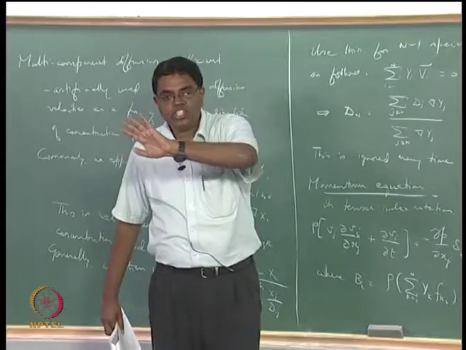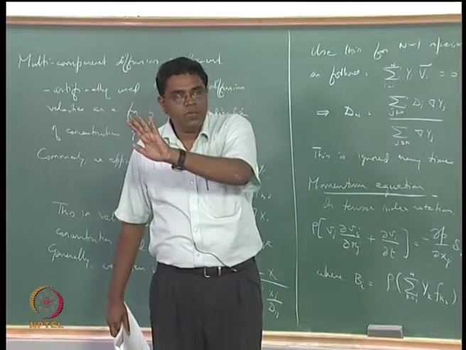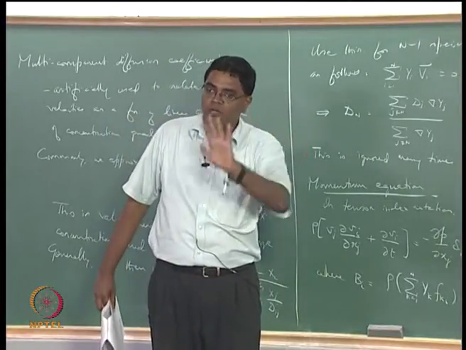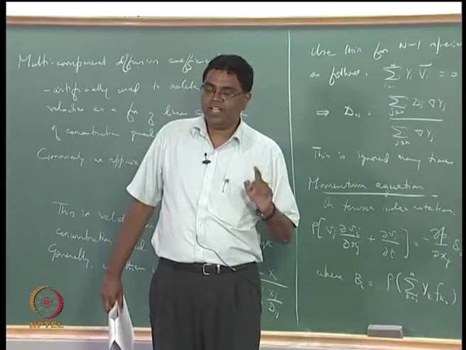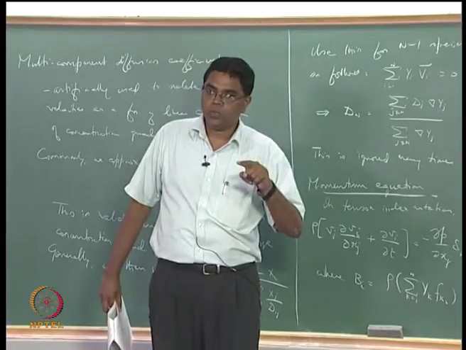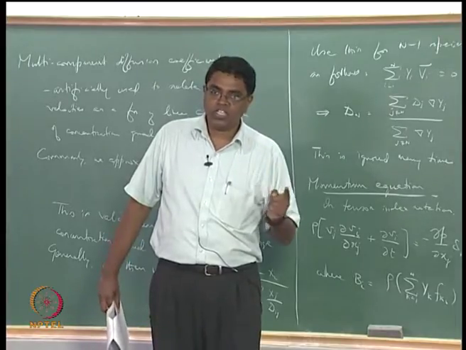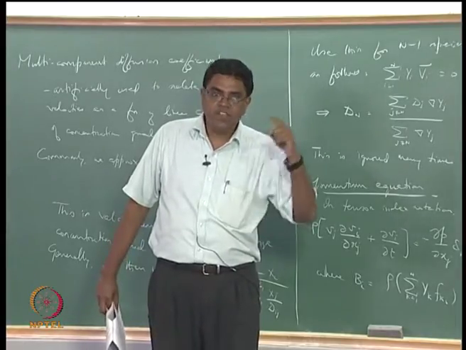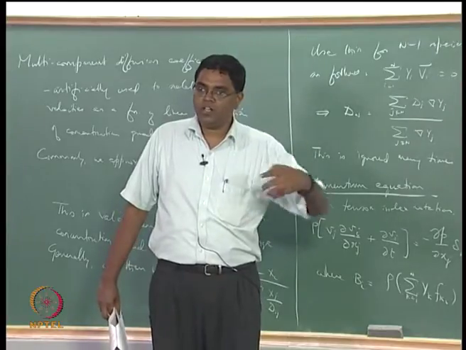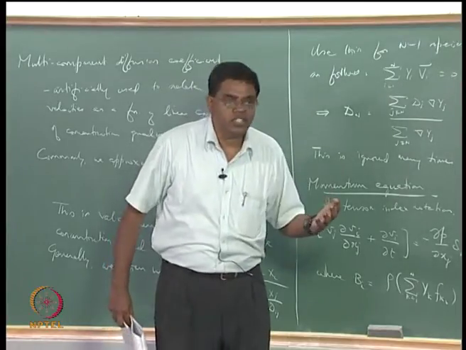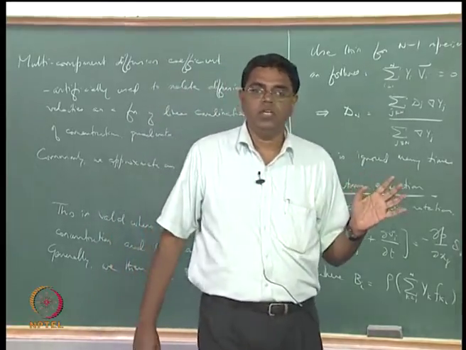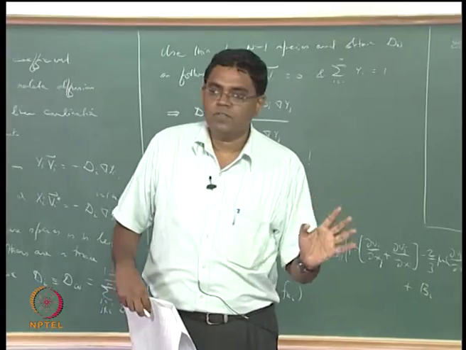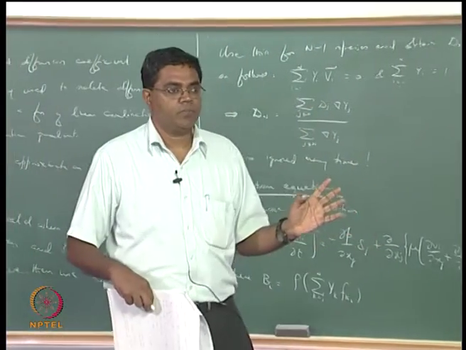If you look at a change in enthalpy, it takes into account not only the internal energy change but also the pressure work term, and that is for the enthalpy h alone. If you are looking at h naught, which is h plus V squared over 2, then it also takes into account kinetic energy changes. So the mother of all equations probably should be to write in terms of the stagnation enthalpy.